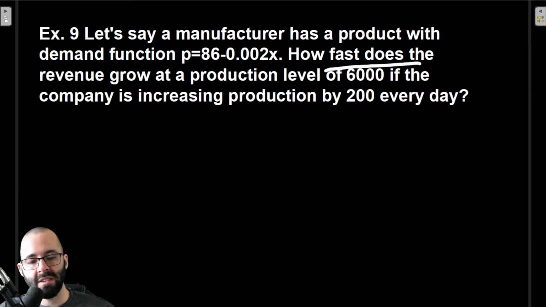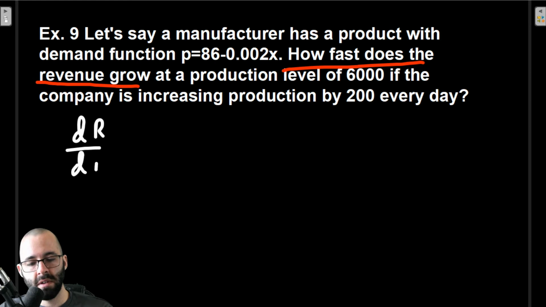How fast does the revenue grow at a production level of 6,000? So we're going to want to know the rate of change of our revenue over time. Unfortunately, we don't even have a revenue function here.